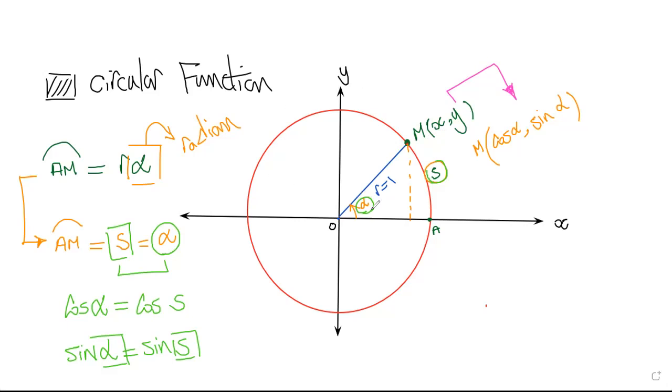But we introduced another changing parameter, this is alpha. Our purpose was to connect alpha, which comes from the unit circle, with the x and y, which come from the Cartesian plane. We try to reconcile them.